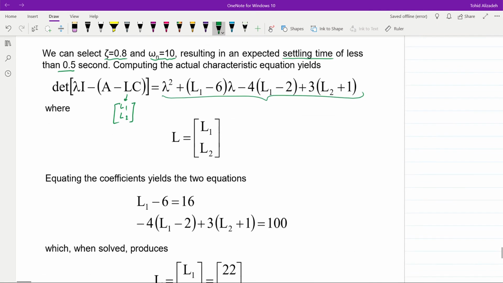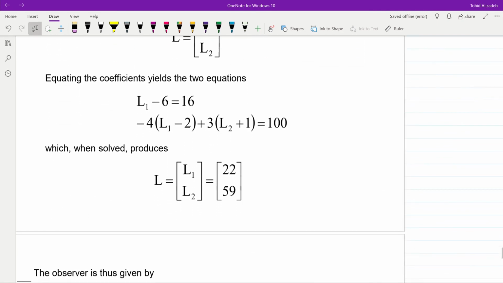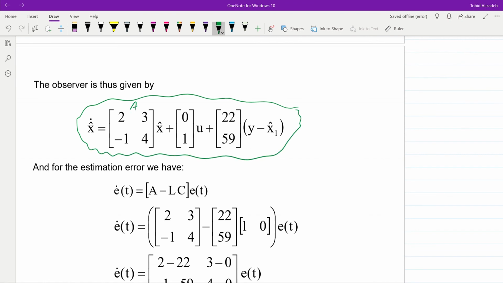And you can see that we have 22 and 59 for the elements of the observer gain. Therefore, the observer will be given by the equation here. X hat dot is equal to A times X hat plus B times U plus L times Y minus C x hat.